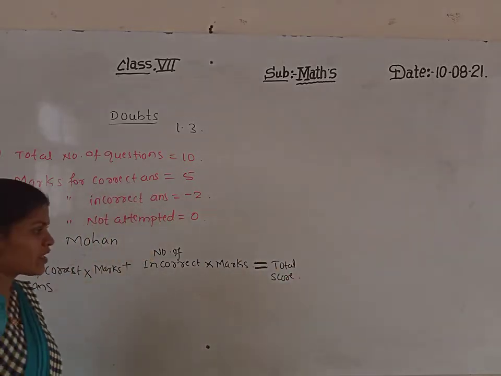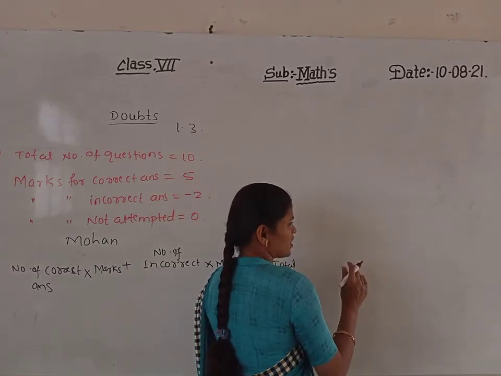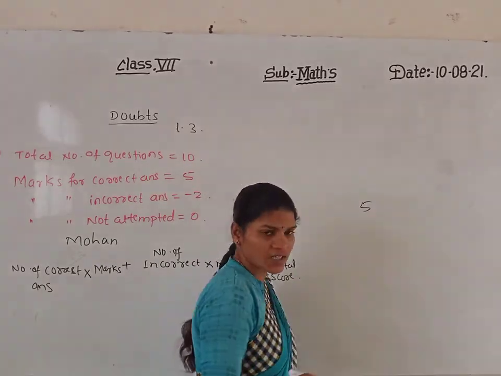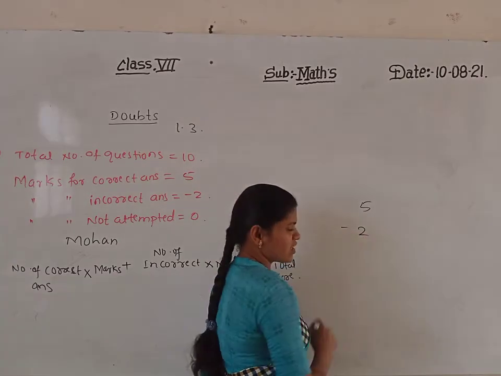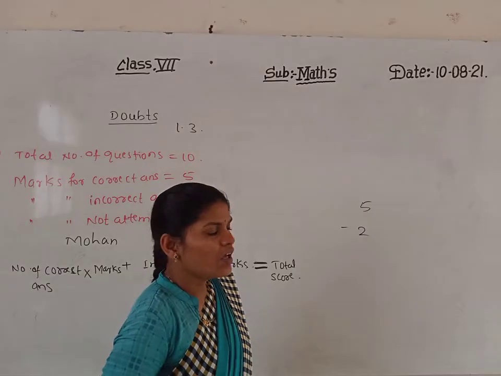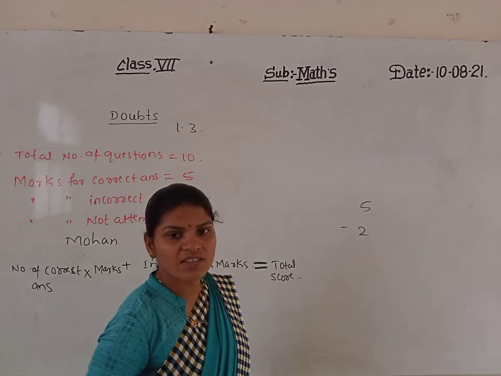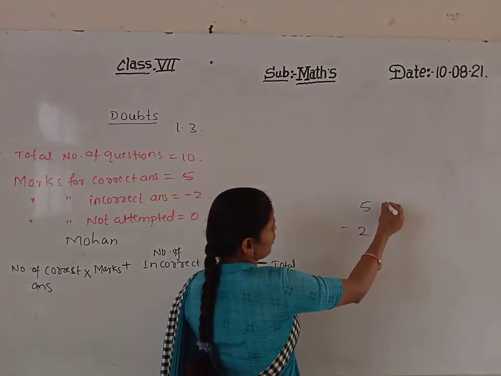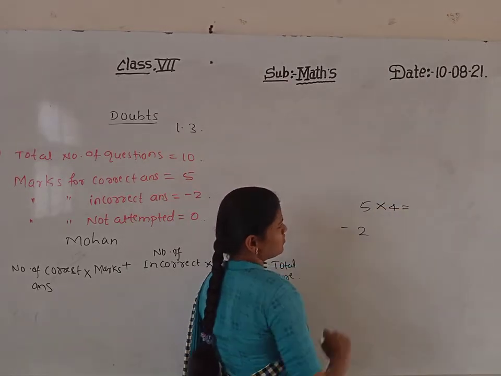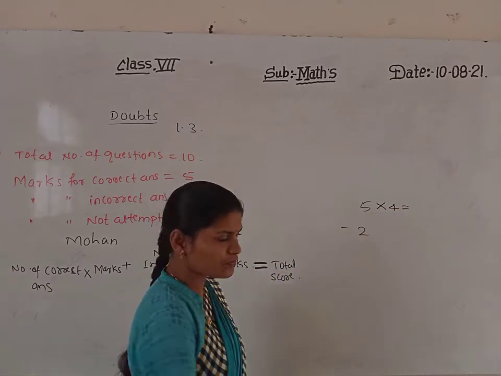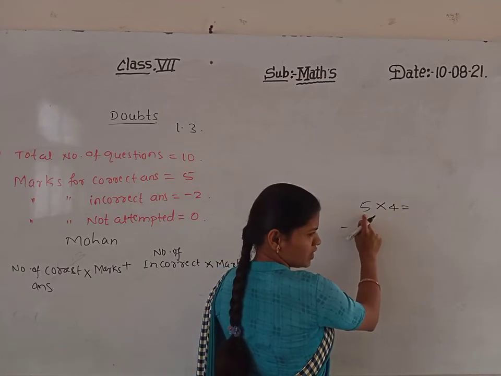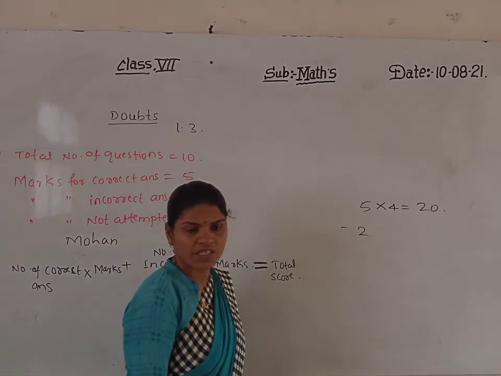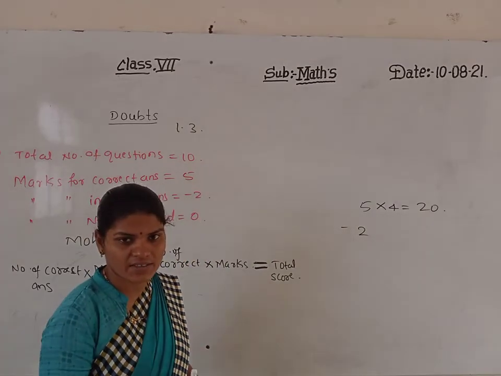Now I am conducting a quiz competition. For a correct answer I am awarding 5 marks, for an incorrect answer minus 2 marks. Mohan answered 4 questions correctly. For 4 correct answers, 5 4s are 20, the marks awarded for correct answers.